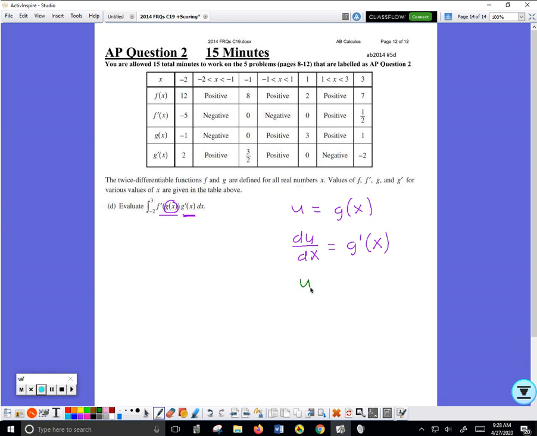So u is going to equal g of, we'll do the upper limit, 3, g of 3. Come back up to the table. G of 3 is 1. And then I have u equals g of negative 2.